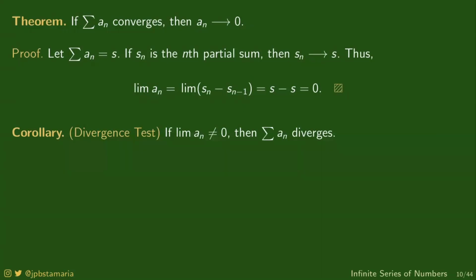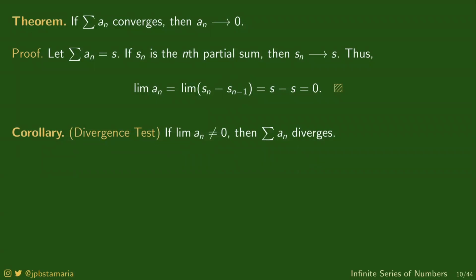Ang sinasabi ng divergence test, kapag ang limit ng isang sequence hindi zero, sure ka dun, yung infinite series mo dapat mag-diverge or wala siyang sum. Naintindihan ninyo, yun yung contrapositive. Kaya lang, hindi ito yung tinawag kong theorem kasi negative yung dating niya, is not, tas diverge.